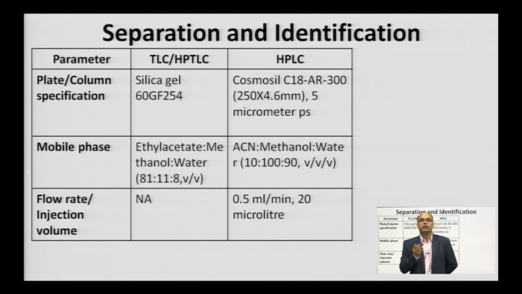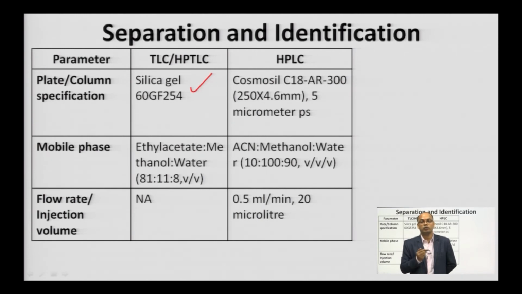For HPTLC and TLC, we have used pre-coated silica gel plates which are available in the market. The mobile phase for TLC analysis is ethyl acetate, methanol and water in the ratio of 81, 11 and 8: 81 parts of ethyl acetate, 11 parts of methanol and 8 parts of water.